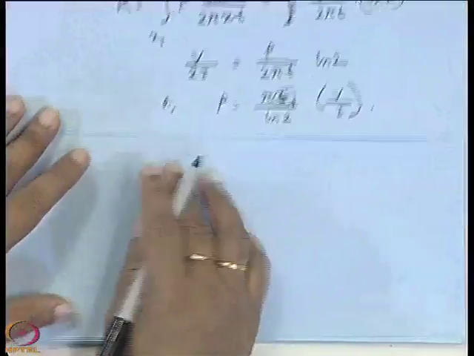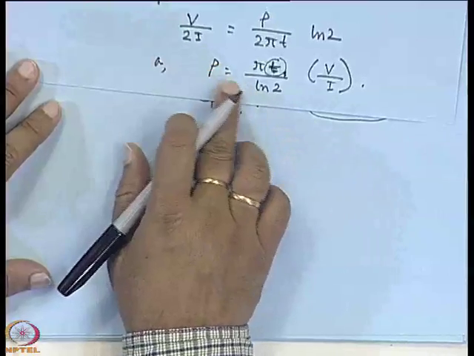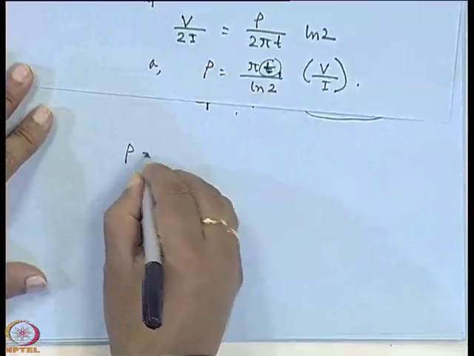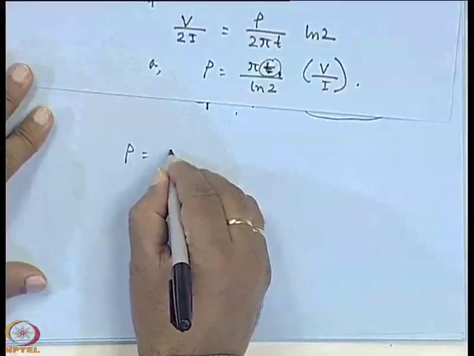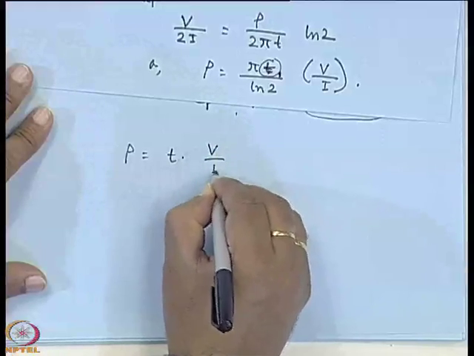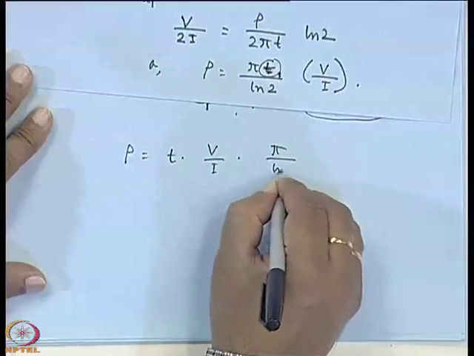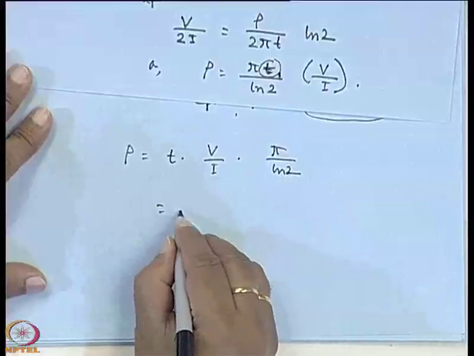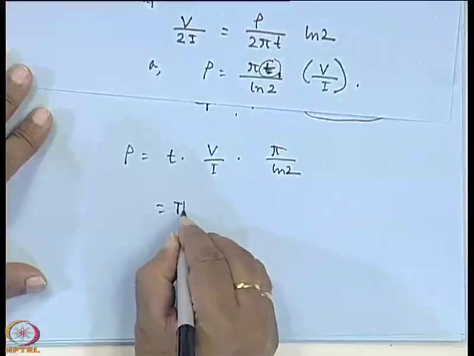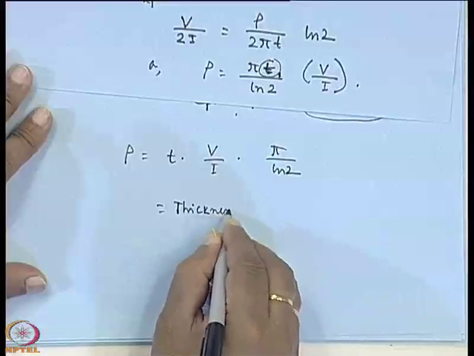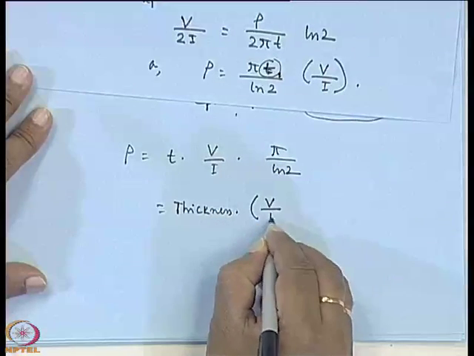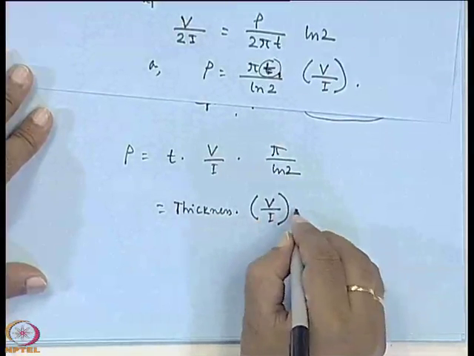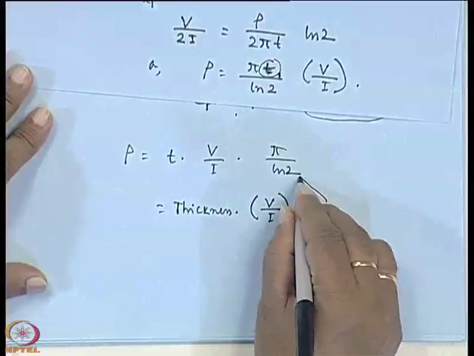Here you see this expression: rho equals T into V by I into pi by ln 2, that is, the thickness multiplied by the ratio of voltage to current multiplied by the correction factor Cf.